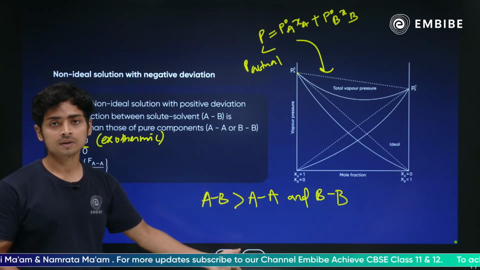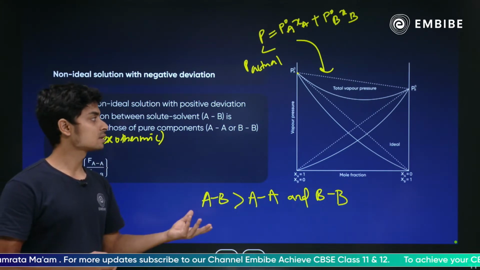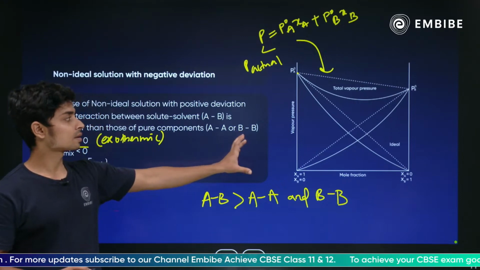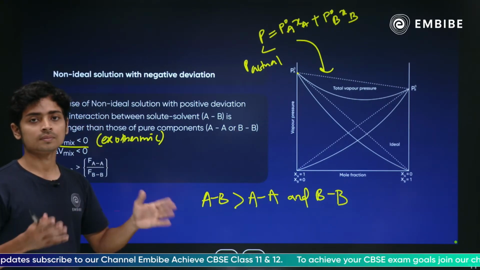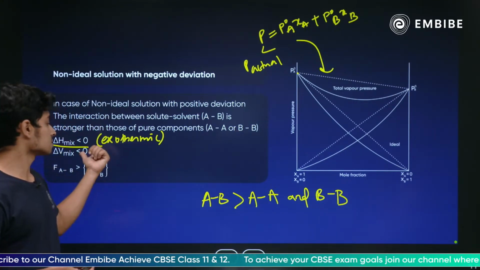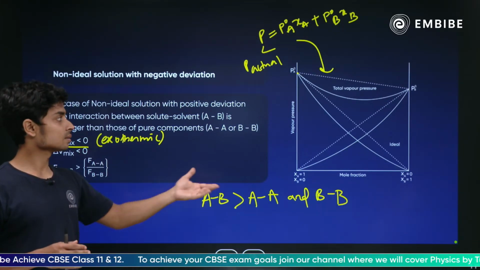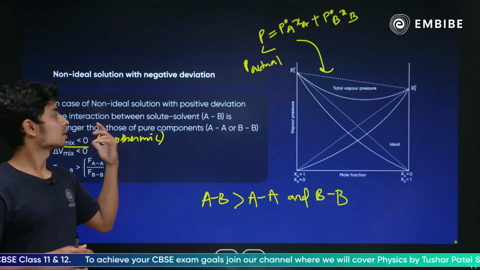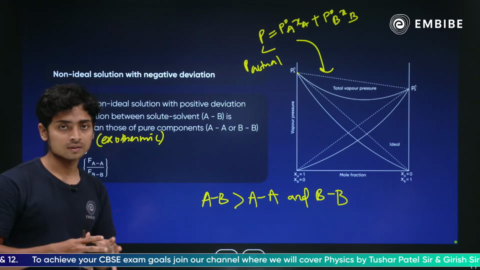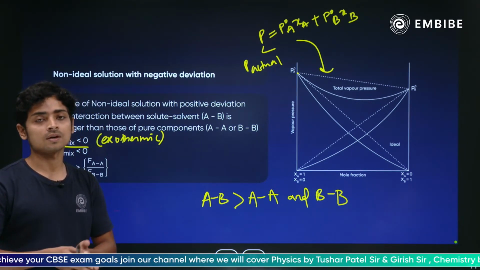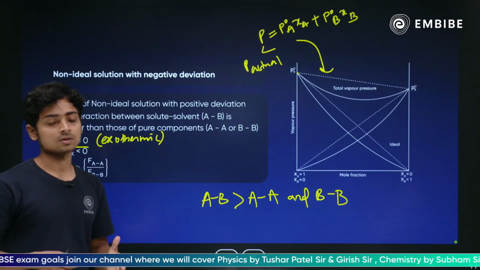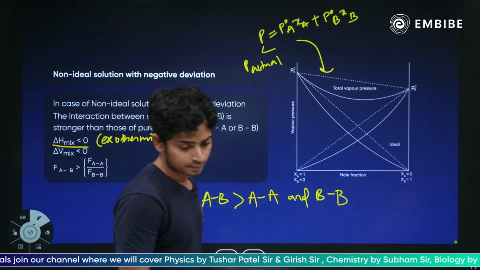Again, these are experimental values. You will see that the mixture should become a bit hotter. Some heat will be released because delta H is less than 0, which means it is exothermic. So in positive deviation, the mixture would have become cooler, but in negative deviation the mixture will become hotter. That is the difference.